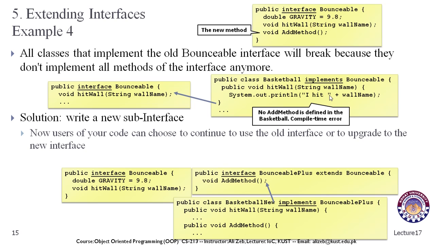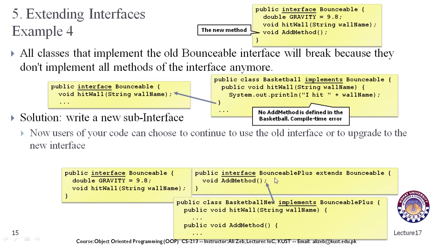Now what happens over here is that even if we are using the bounceable interface, that has not been changed. As we can see, this will not affect this class since the bounceable interface has not been changed over here, as opposed to this situation.